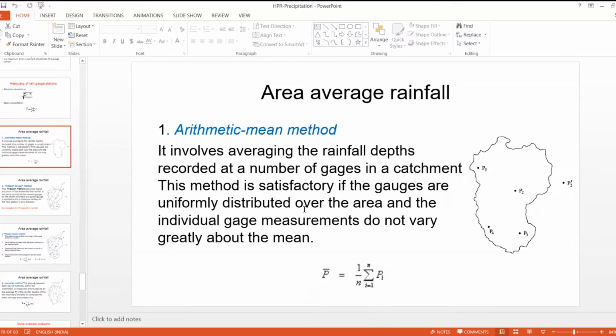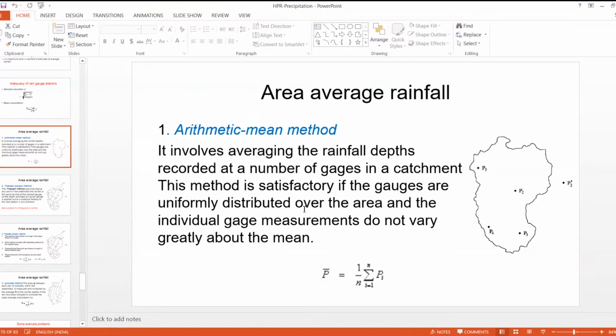Instead, we can easily say that in West Bengal this is the average rainfall in a given year. Not only that, each state can be divided into many watersheds and catchments. So for each catchment, we need to know the average rainfall for further processing.